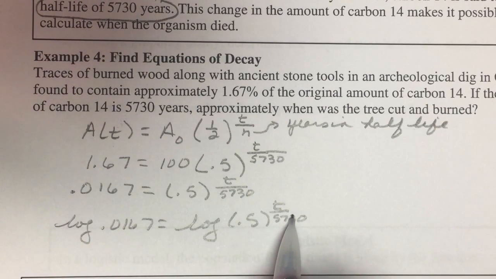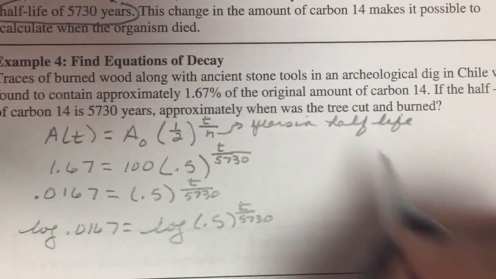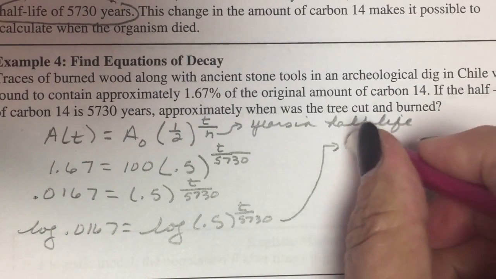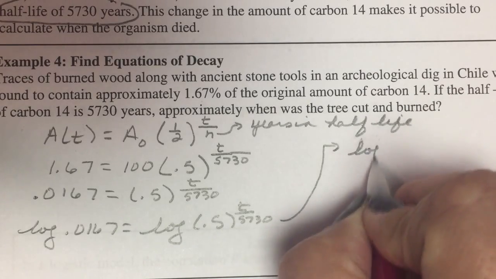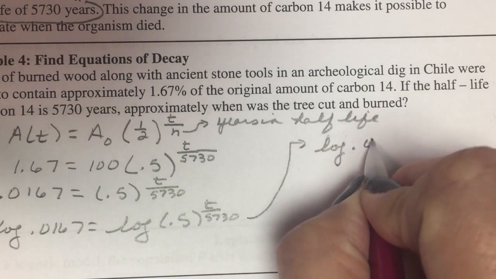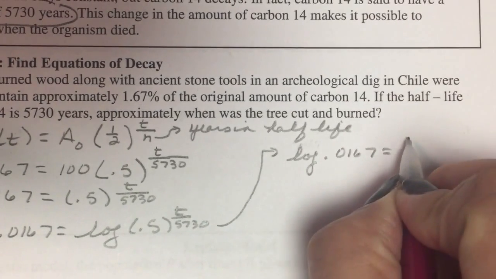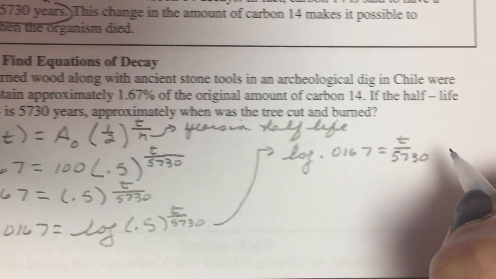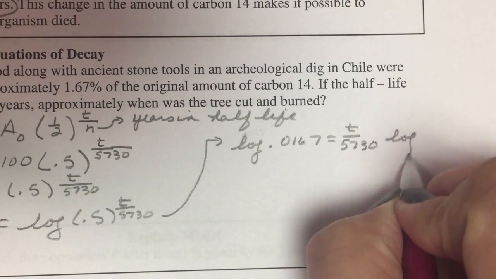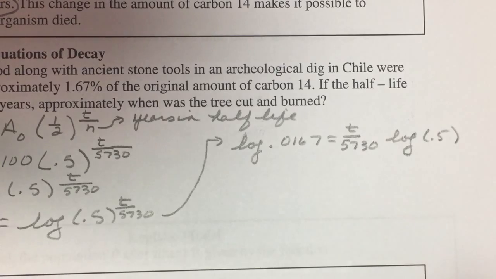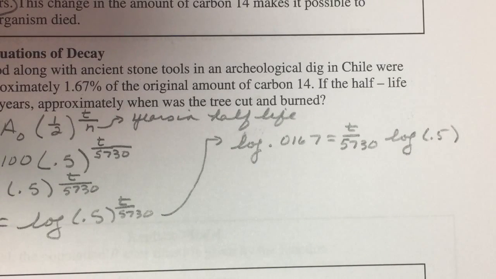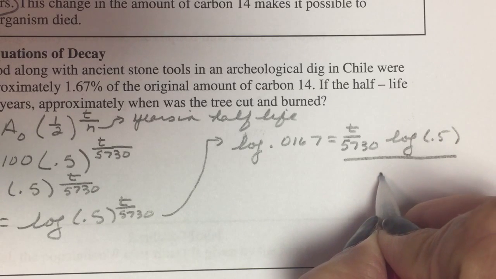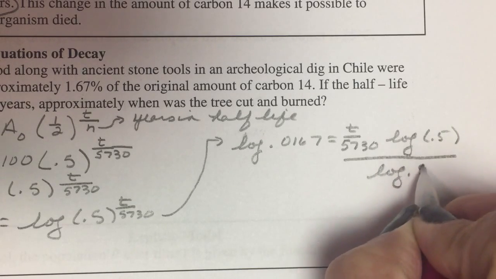Now I'm going to take this exponent and bring it down in front. So it would be log of 0.0167 is equal to t over 5,730 times the log of 0.5. Let's divide by the log of 0.5.